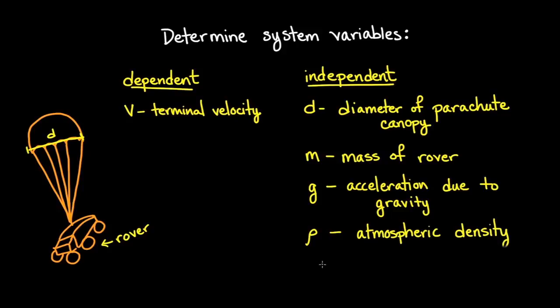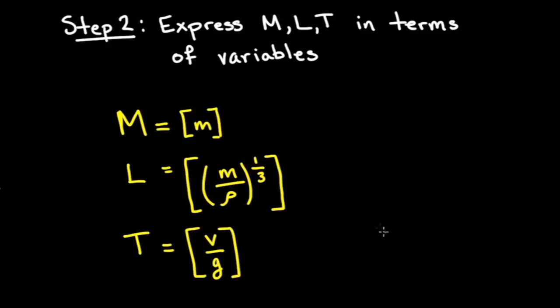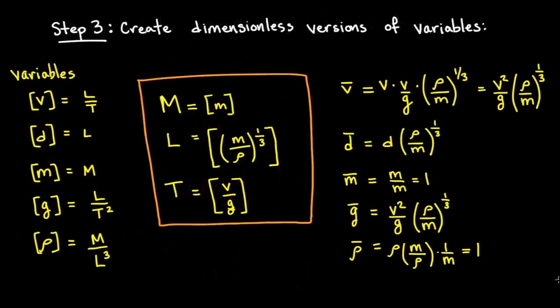In general, the process of dimensional analysis involves: 1. Identifying the dependent variable and independent variables. 2. Expressing the relevant fundamental dimensions in terms of the variables found in step 1. 3. Generating dimensionless expressions for all of the variables using expressions from step 2. 4.